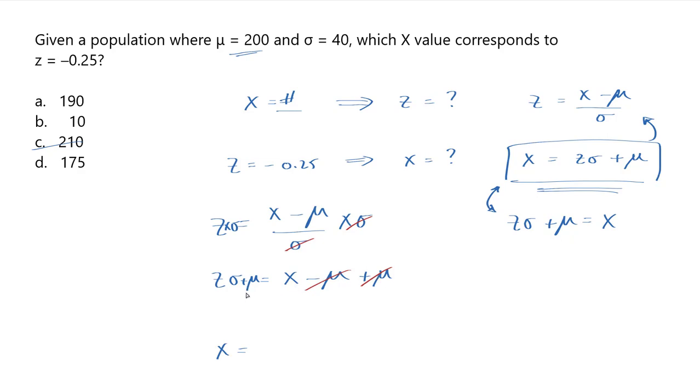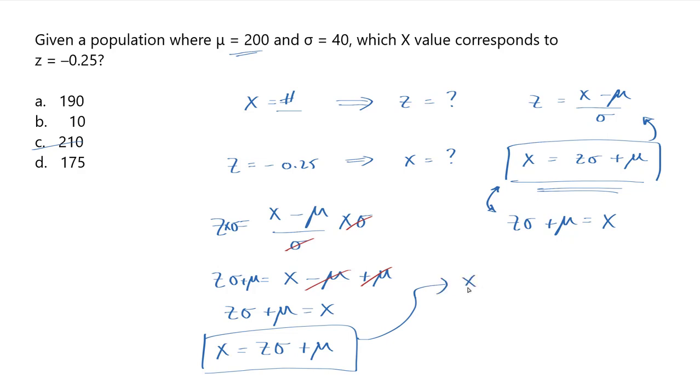So what we're left with here is z sigma plus the mean equals x. Or in other words, x equals z sigma plus the mean. So this is where that formula comes from. And now I can plug things into it.